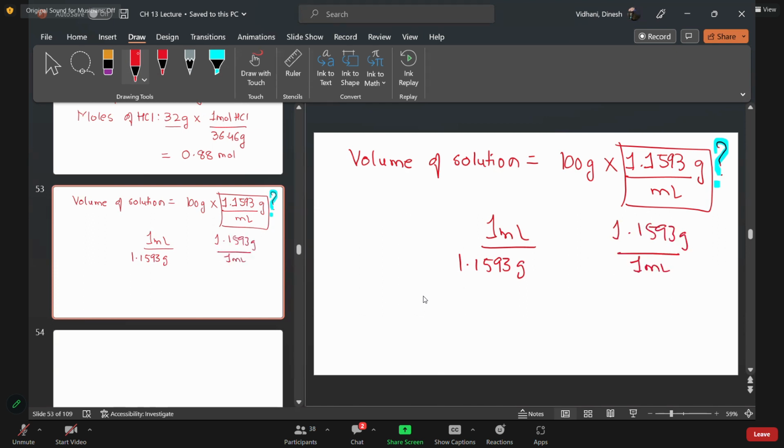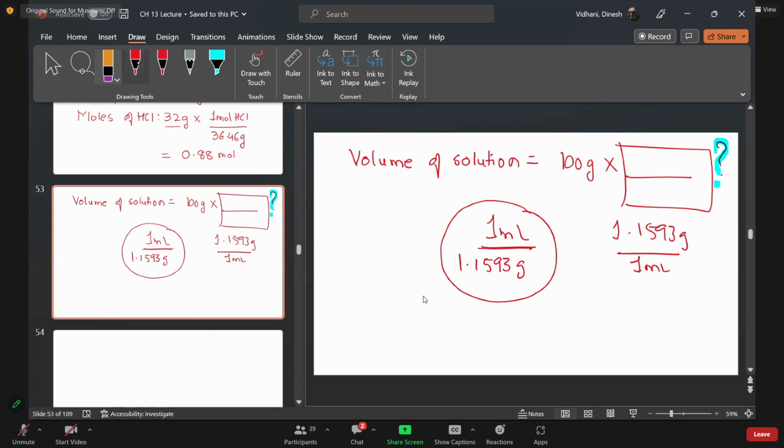So if you were given those two, which one would you use? Your final answer should be in milliliters. So milliliters should be in the numerator. So the way I have written my conversion factor is wrong. My weight should be in the denominator. So 1.1593 grams should be in the denominator and 1 mL should be in the numerator.